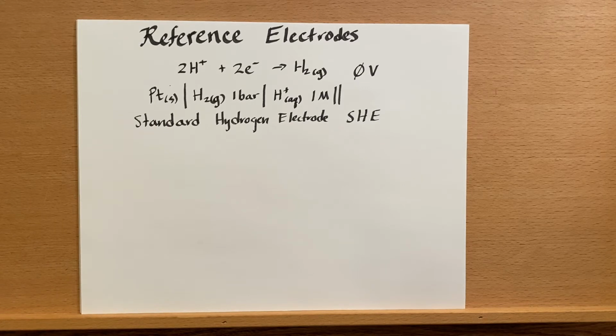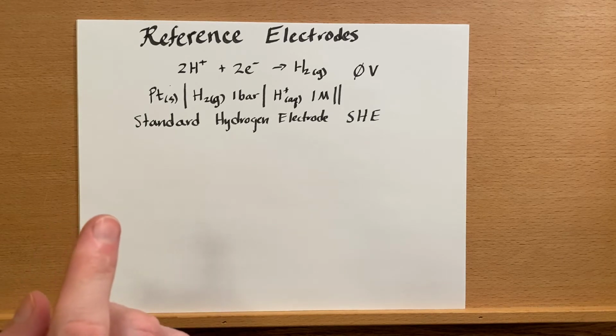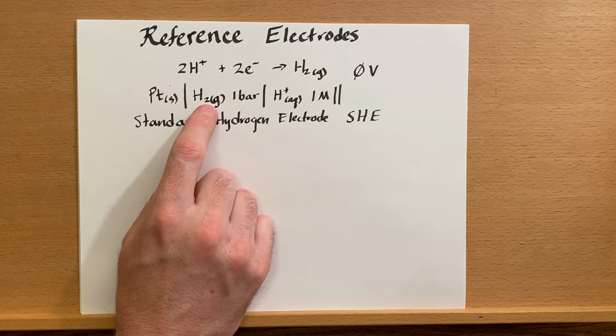Now, one of the reasons to choose something in the middle is so that in case we discovered some substance that had even more oxidizing power than fluorine, or even a better reducing agent than lithium, we're not stuck with, oh, what do we do now when we have a negative number? So it's just best to pick something in the middle, and any other discoveries will just work themselves into the system, no problem.